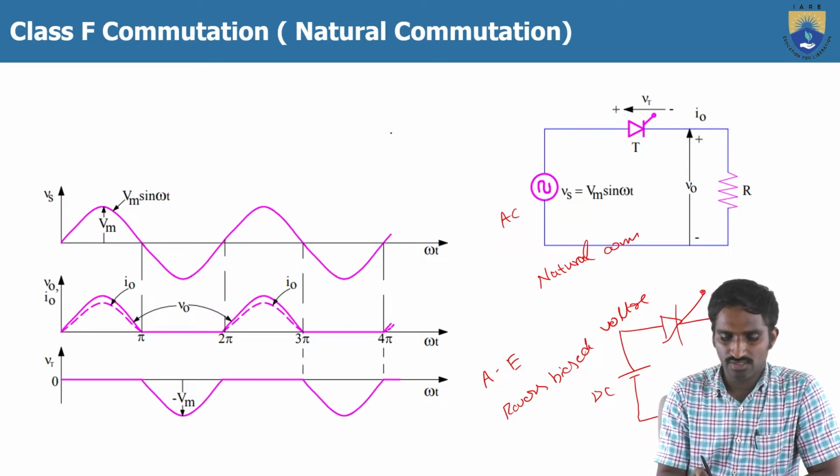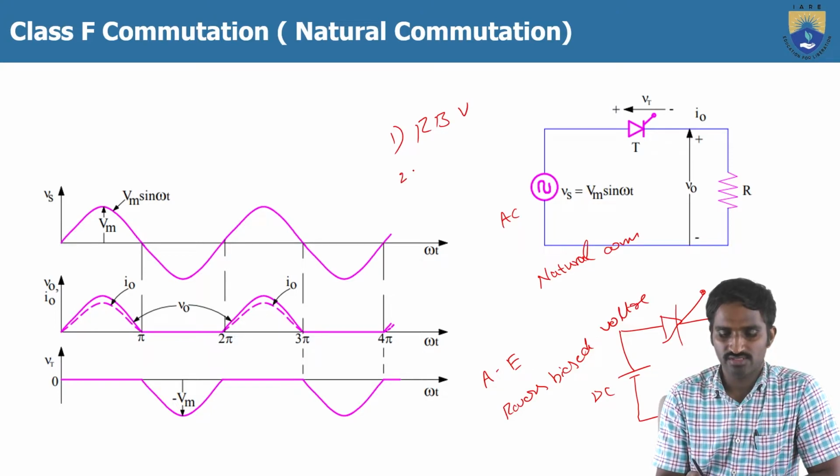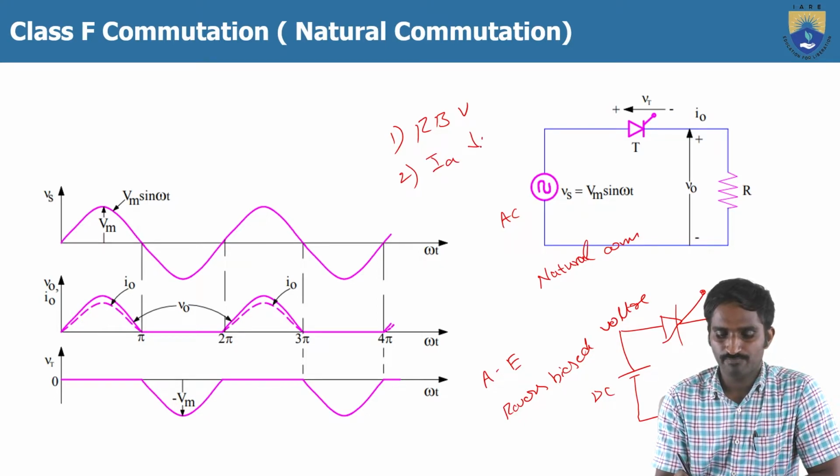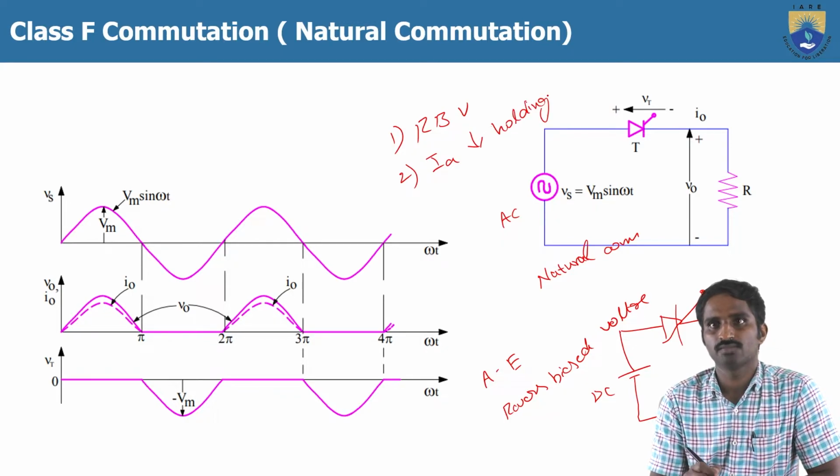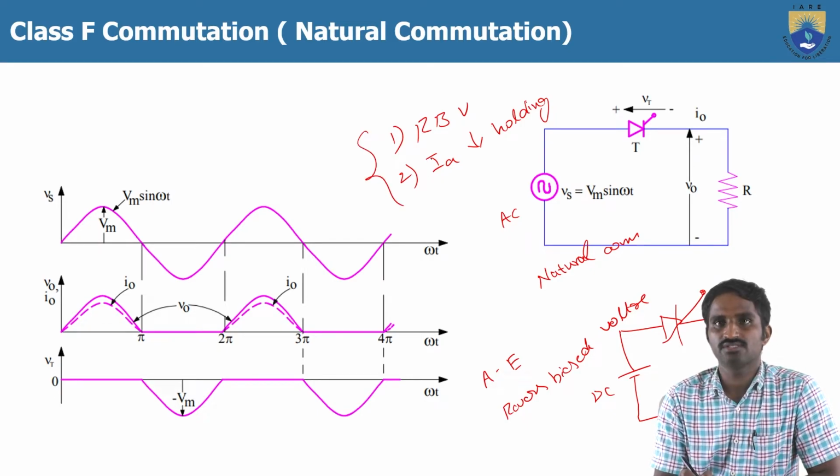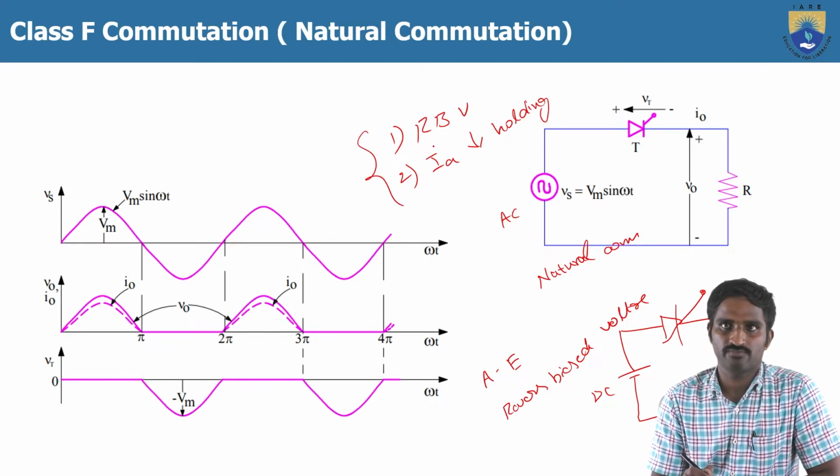One is you must apply the reverse biased voltage, and the second is that you must reduce the anode current below the holding current. You must satisfy these two conditions, then only the thyristor will turn off.